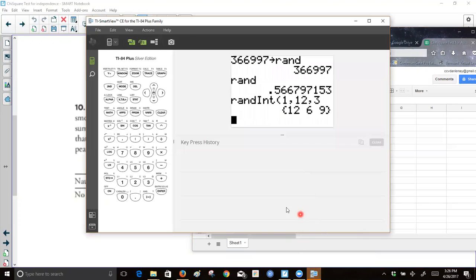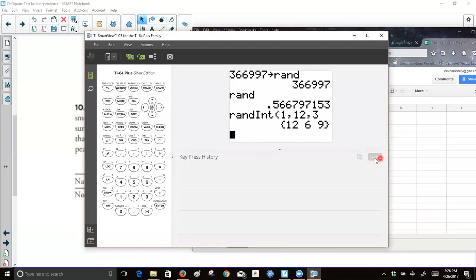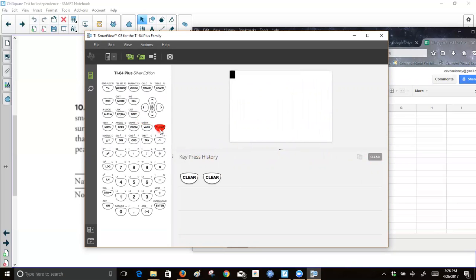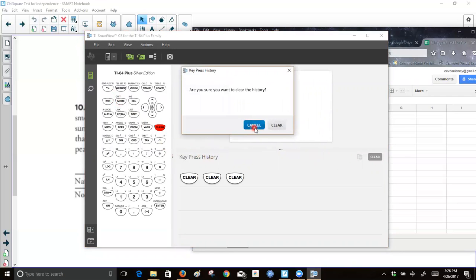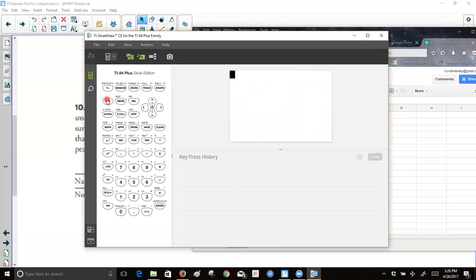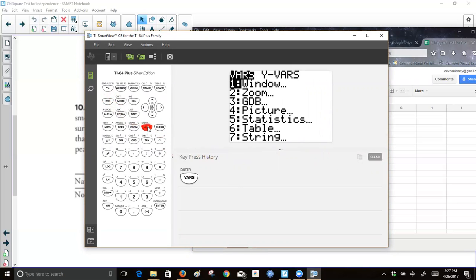Okay, so on our calculator, let me clear. Yes, clear. There. So what we're going to do is press second, bars, to get that distribution.